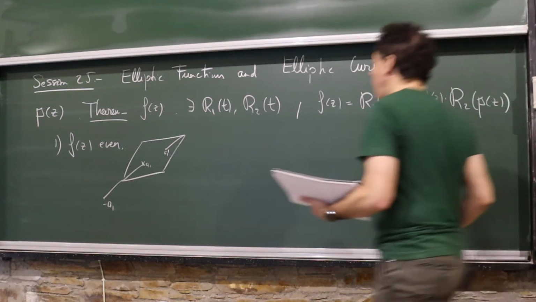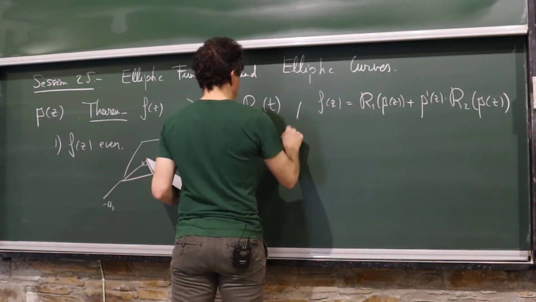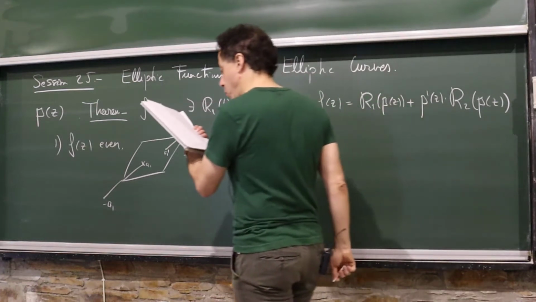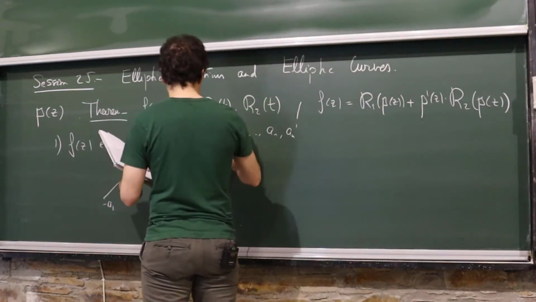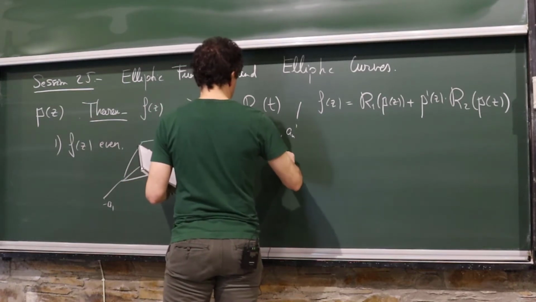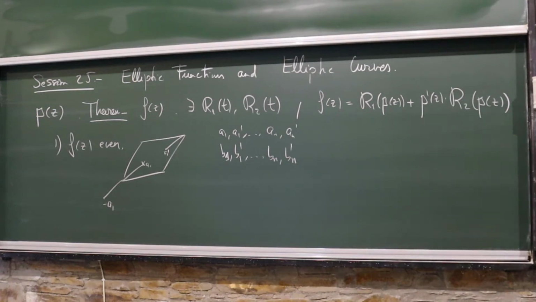So if you have the zeros a1, prime, an, prime, and in the same way you have your poles b1, b1 prime, bn, bn prime. You have zeros and poles.